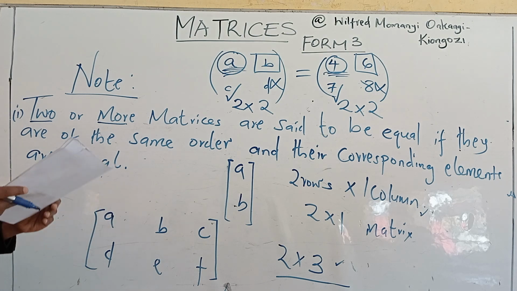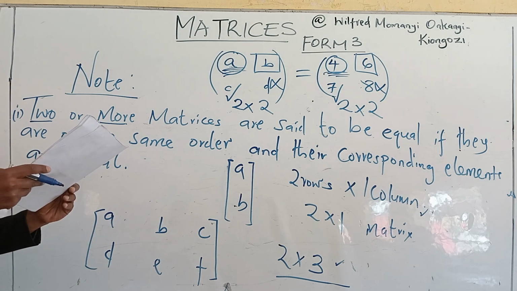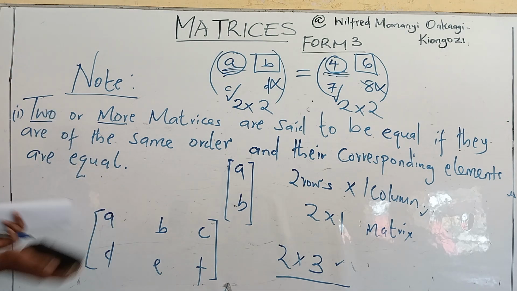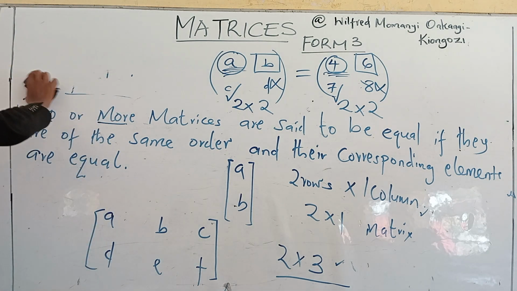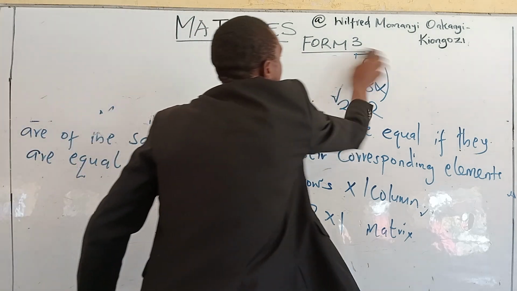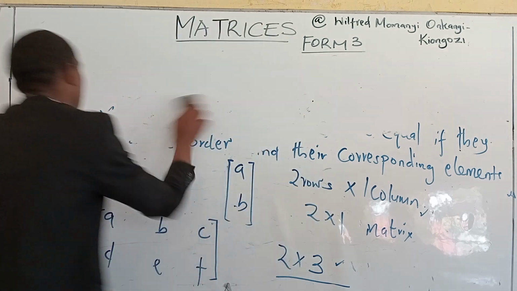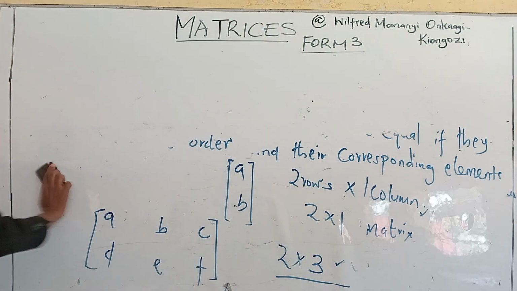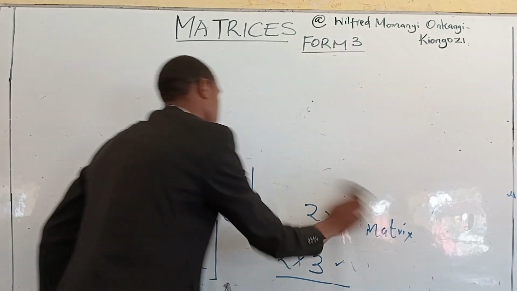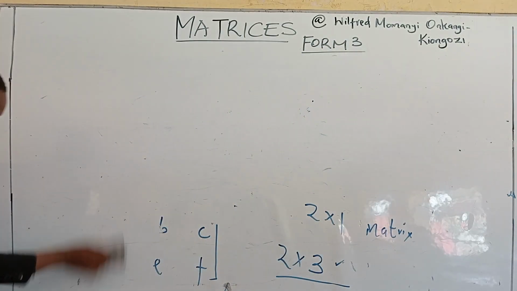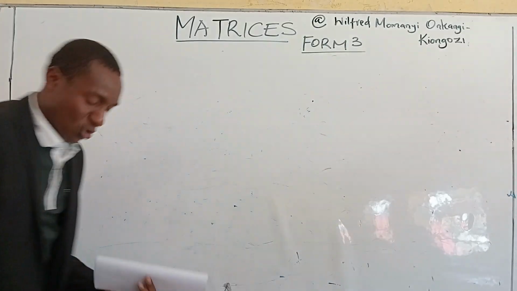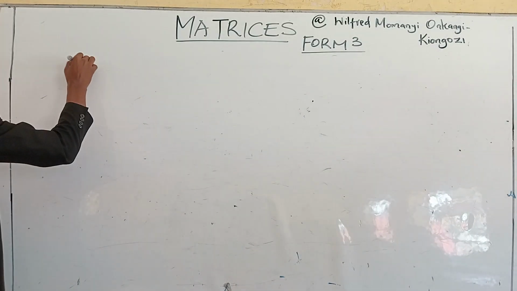The last point to note: how do we denote a matrix? This one you'll find in the equations that you sit for in the exam. Point number 2, Roman 2, the last one here.